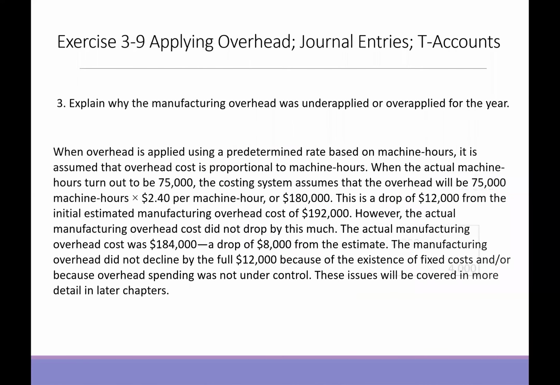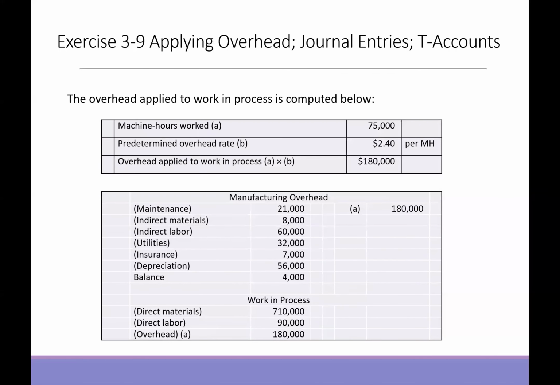But did you see here that it shows we underapplied because we have a debit balance sitting there in our manufacturing overhead of 4,000. So we actually spent 4,000 more in manufacturing overhead than what we applied.